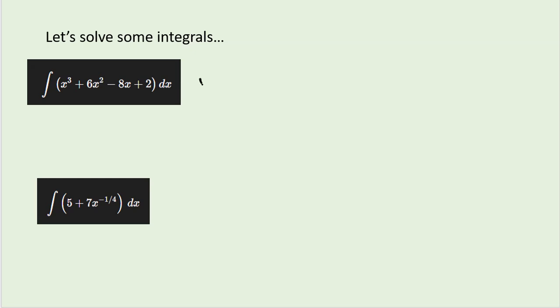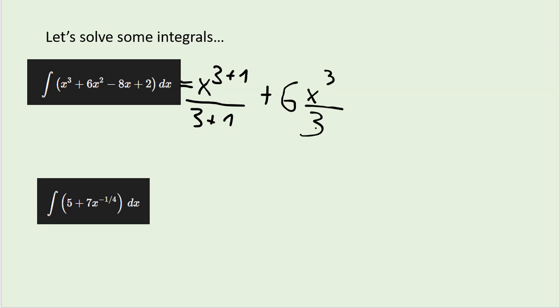So it's going to be x to the power of 3 plus 1 divided by 3 plus 1, plus 6x to the power of 3 over 3, minus 8x squared divided by 2, plus 2x.